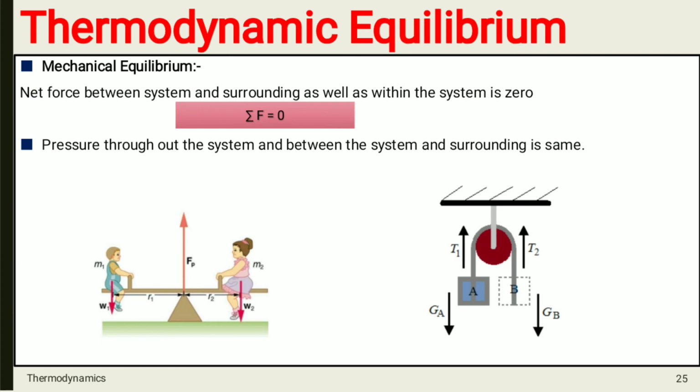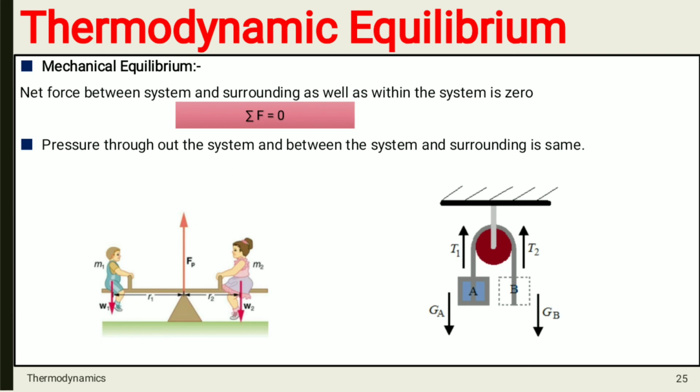It is stable. So, what is meant by mechanical equilibrium? The net force between the system and surrounding as well as within the system is 0. That is, summation of F is equal to 0. Then we can say that this is the condition of mechanical equilibrium. Again, the pressure throughout the system and between the system and surrounding is the same.